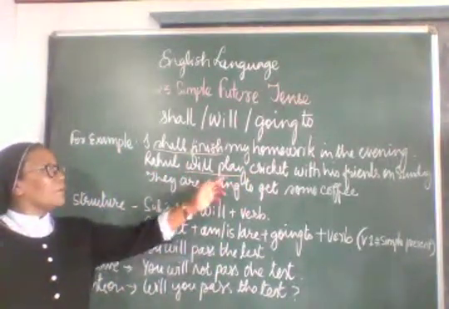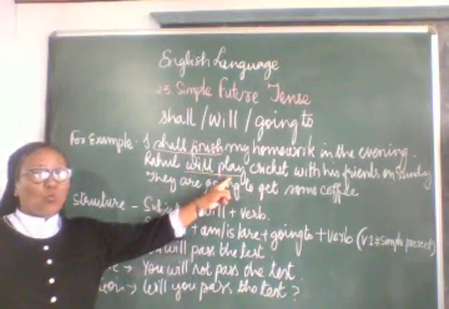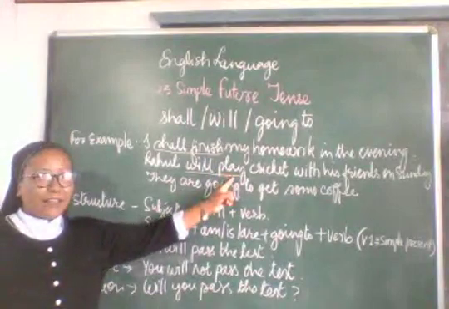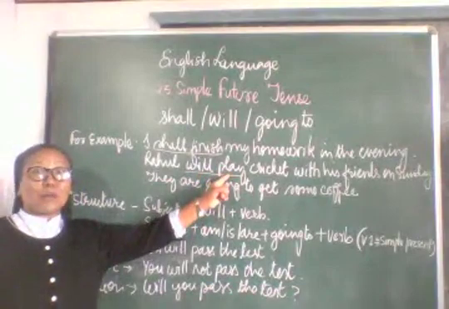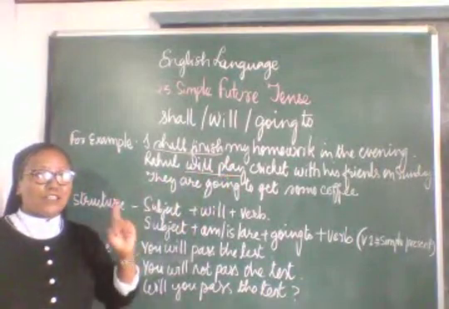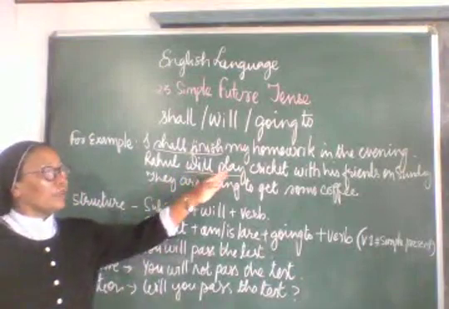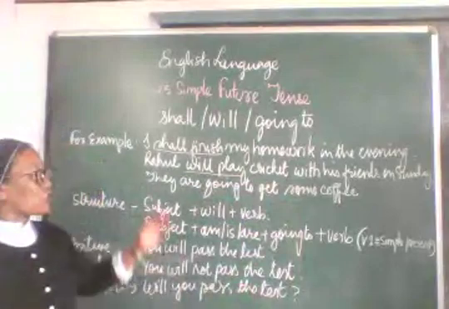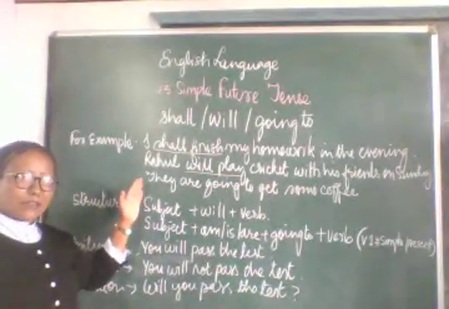Rahul will play. So with will, verb one, present tense, play. I did not use played, I did not use playing, or I did not use plays. So always verb one, present tense. Will play. So I'm expressing the future actions in the sentence.